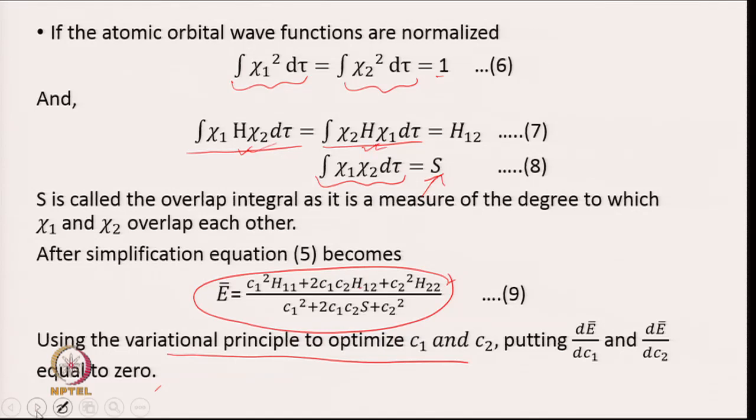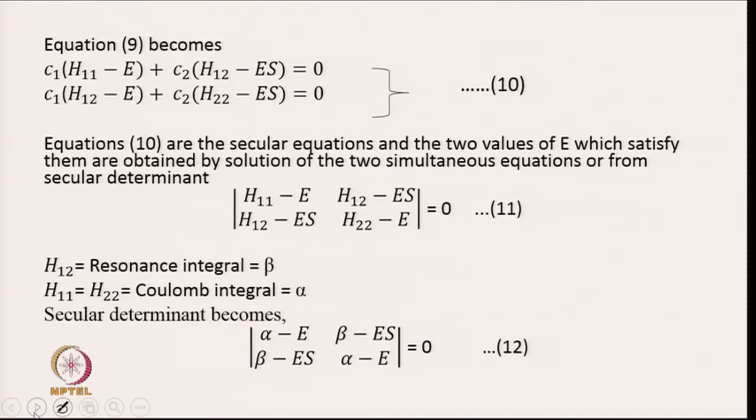system in an atom. So, if we do that, we are going to get this equation: C1 (H11 minus E) plus C2 (H12 minus ES) is equal to 0, and the second equation will be C1 (H12 minus ES) plus C2 (H22 minus ES) is equal to 0.